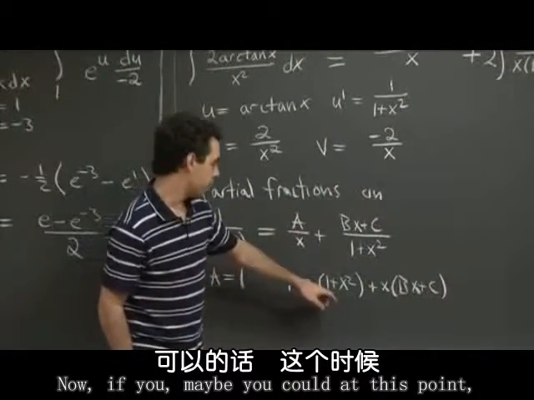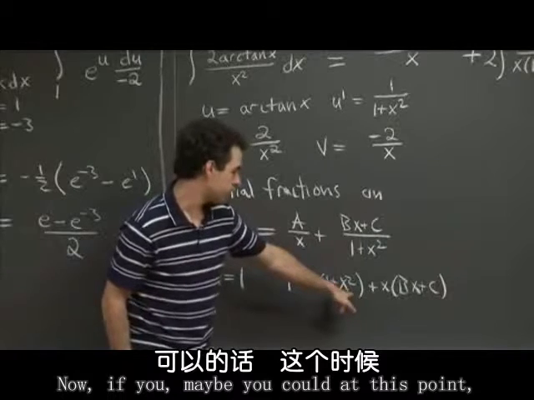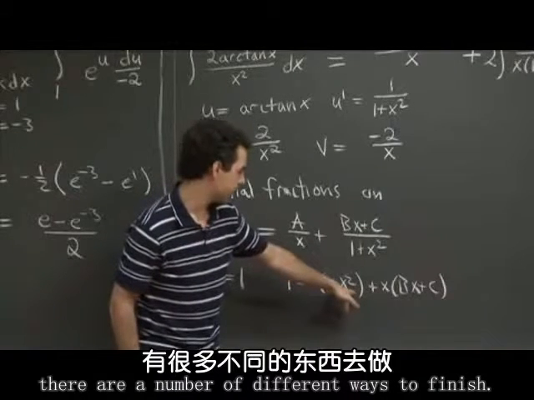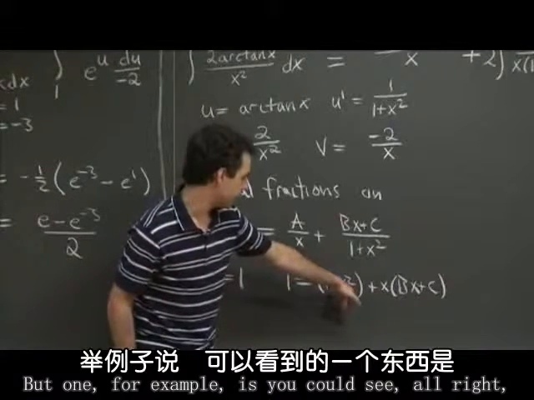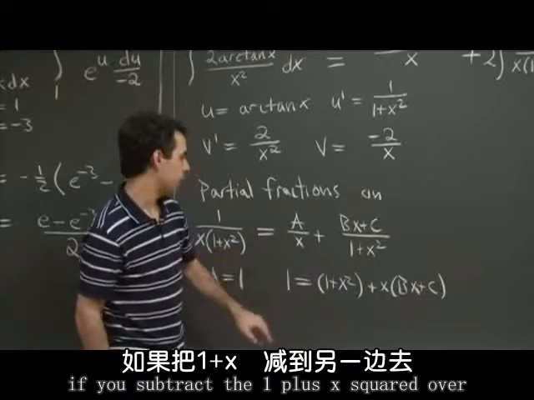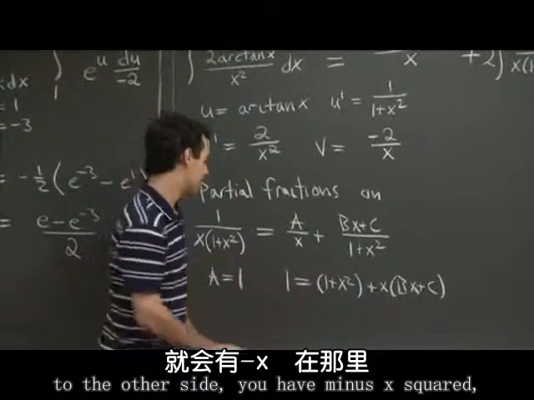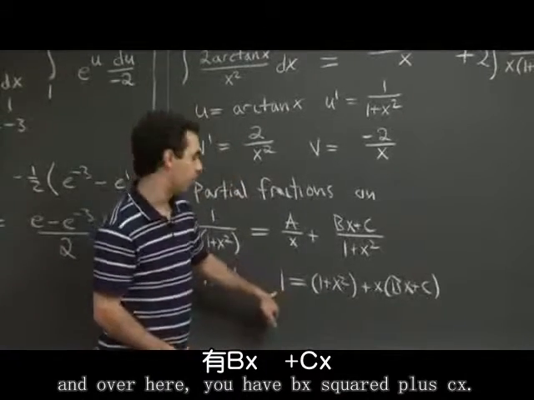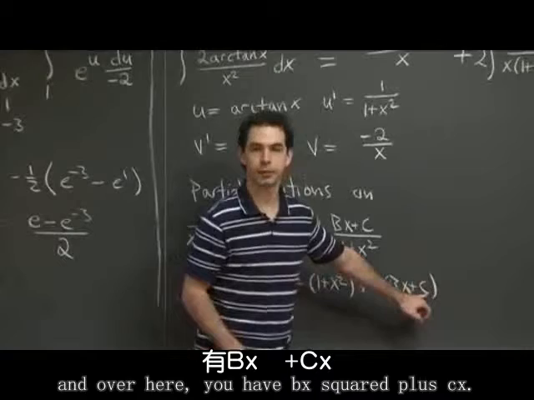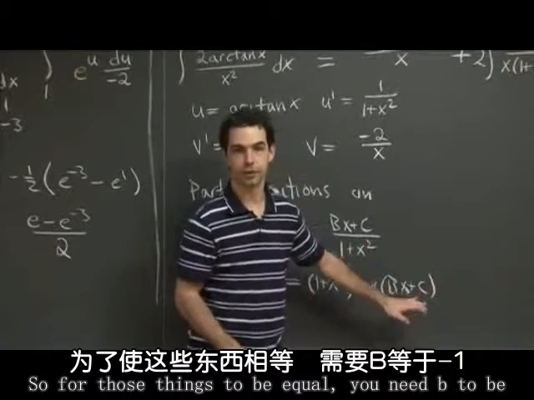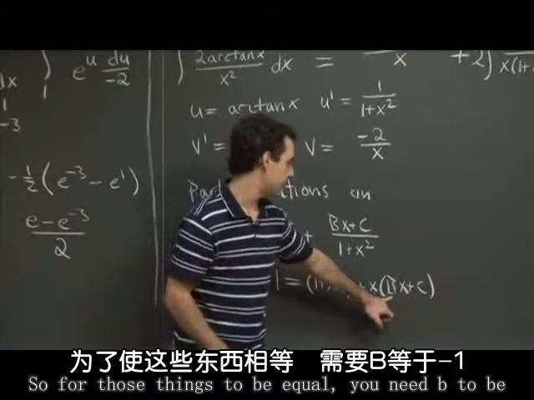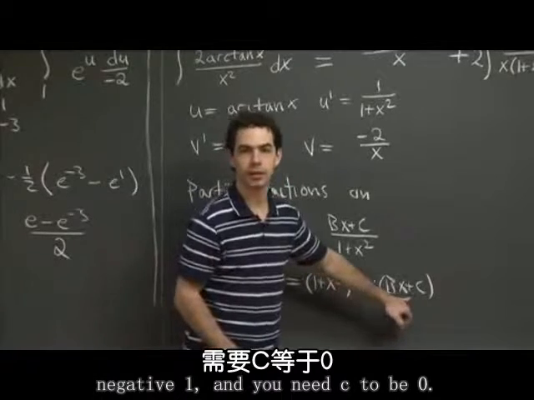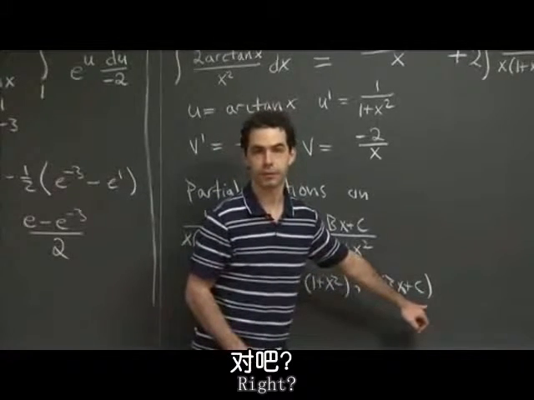Now, at this point, there are a number of different ways to finish. But for example, if you subtract the 1 plus x squared over to the other side, you have minus x squared. And over here, you have Bx squared plus Cx. So for those things to be equal, you need B to be negative 1, and you need C to be 0.